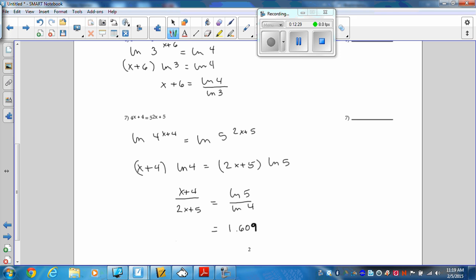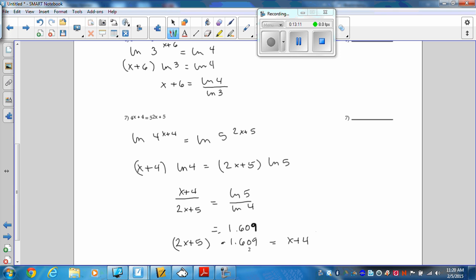So this is going to be 2x plus 5 times 1.609 equals x plus 4. And what I did was cross products. I had this equal to this and kind of put this over 1. So now we're ready to do our multiplication. So 2 times 1.609 is going to give me 3.128.